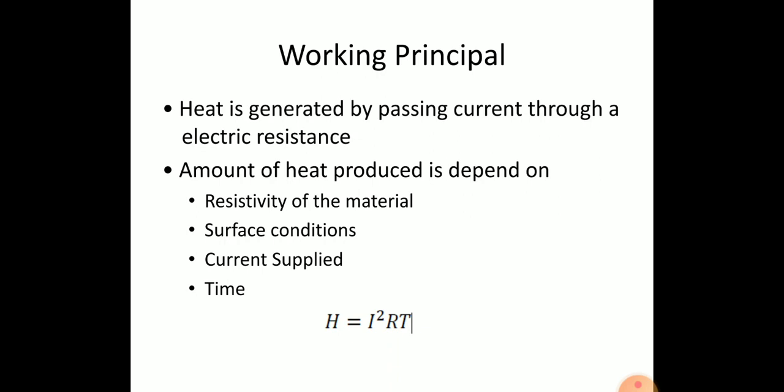Then the working principle: in resistance welding, a low voltage and a very high current is passed through the joint for a very short time. This high current heats the joint.